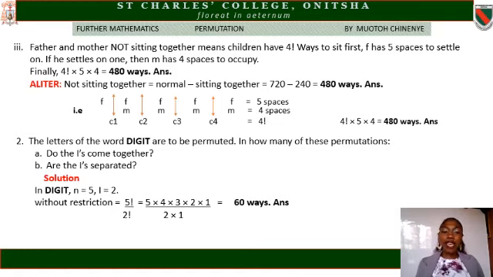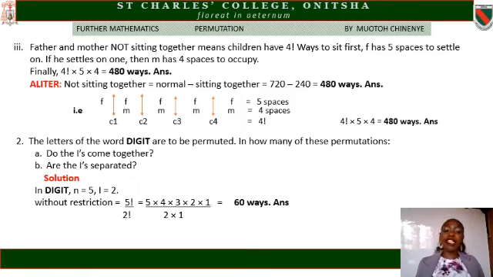The question said, father and mother not sitting together, meaning they cannot sit together, they cannot be seen close to each other. In that case, the children will have to sit first. For them to sit first, they will have 4 factorial ways of sitting. And when the children have settled, the father will have 5 spaces to settle on.